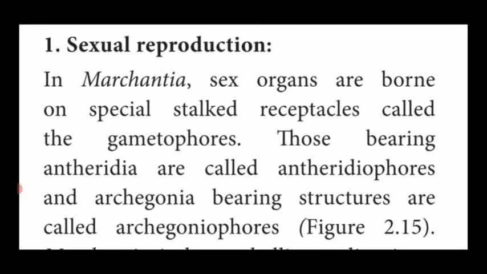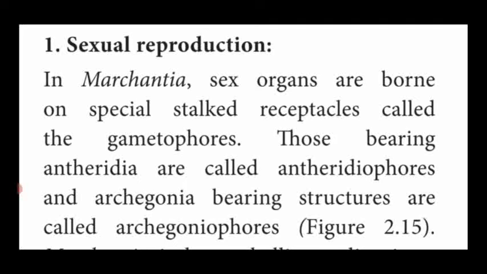What is that one? Gametophore. A small, slender, stalk-like receptacle is known as the gametophore. That means at the tip of the gametophore they are producing the sex organ. Receptacle means a region or a place. A stalked receptacle called gametophore, which produces the sex organs.